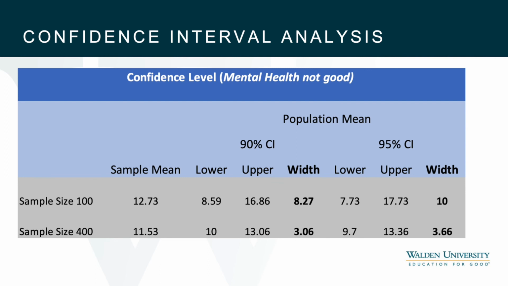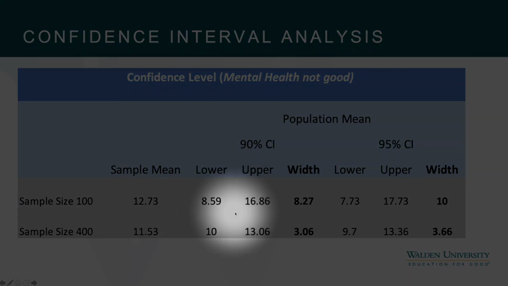And I can see the lower and the upper values for both the 90% confidence interval and the 95% confidence interval. When I take the upper value and subtract the lower value, I get that width.